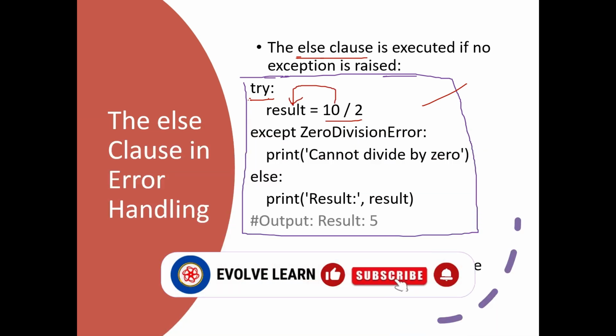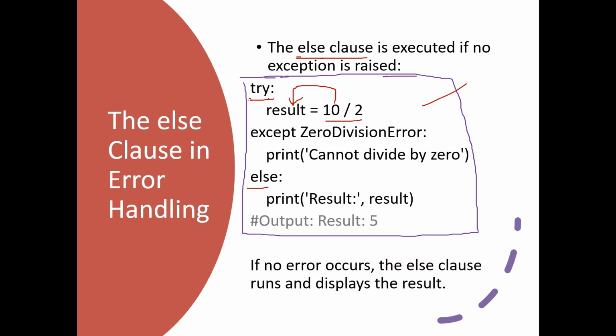As this division will not raise any exception, this else clause gets executed and displays the result, that is 5. Instead of 2, if it had 0, this except block would get executed and print the result cannot divide by 0. As the exception occurred in the try block, this else block will not get executed. I hope this clears your doubt.